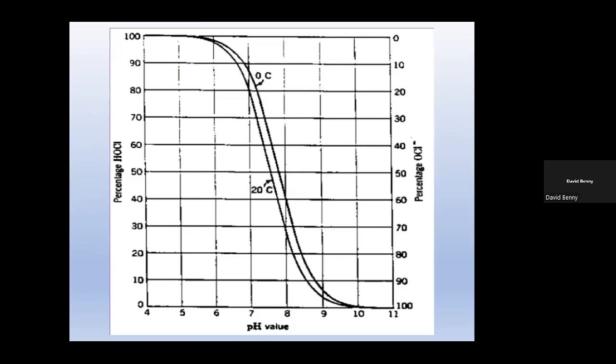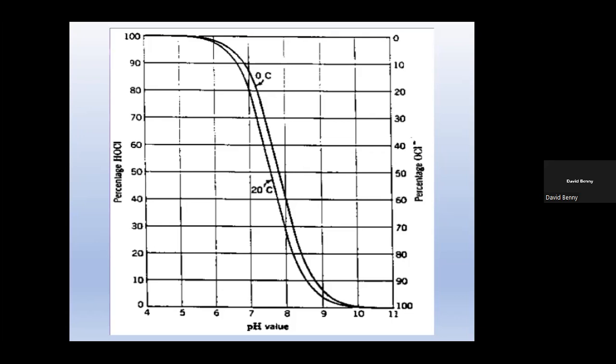So this graph here tells you that if you put chlorine in water, based on the pH value, if the pH is around 6, and at 20 degrees, you have at least 90% or close to 100% available chlorine. If the pH, however, is 10 at the same temperature range, then you have very little concentration of hypochlorous acid.